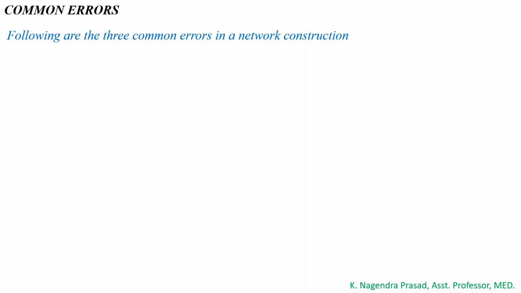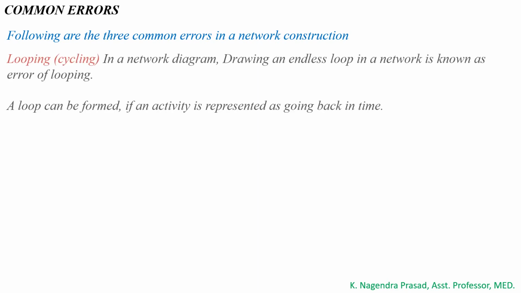Next, we have to see the common errors in network construction. In general, the following three are the common errors in network construction. The first error is looping. In a network diagram, drawing an endless loop is known as the error of looping. So looping means the activities form an endless loop.